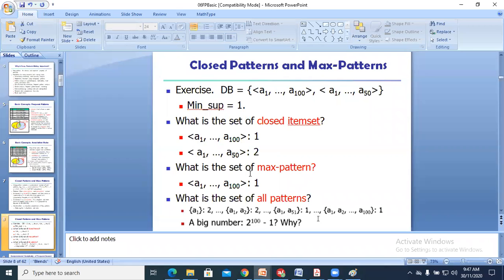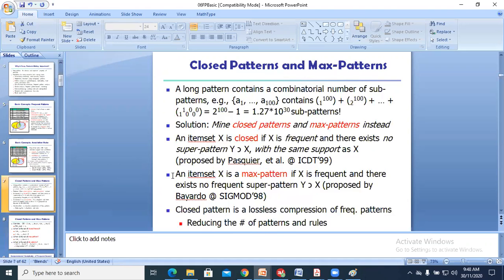So in the closed item sets we have these two values, and among these two, which is the maximum pattern? The maximum item set will satisfy the minimum support criteria, that is 1. So we will go back and look into the definition.